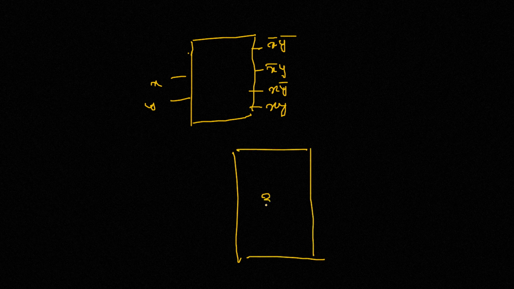I mentioned that when you give x and y as the inputs to a decoder, the outputs it gives are x dash y dash, x dash y, x y dash, and x y. Similarly, if you are giving three inputs to a 3 is to 8 decoder, let's say the inputs are A, B, and C, it gives us 8 outputs.